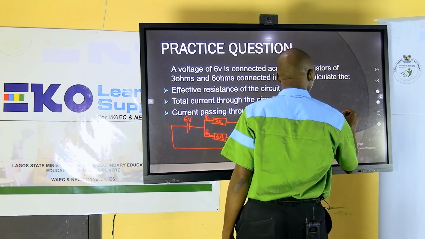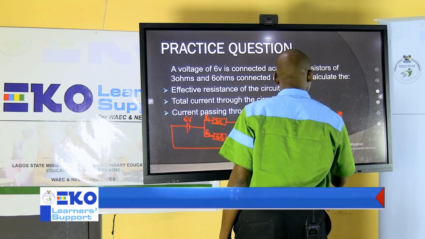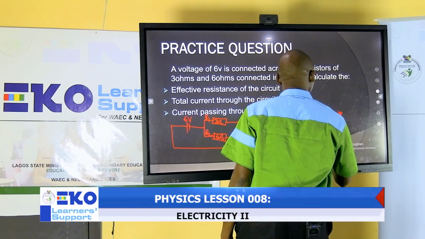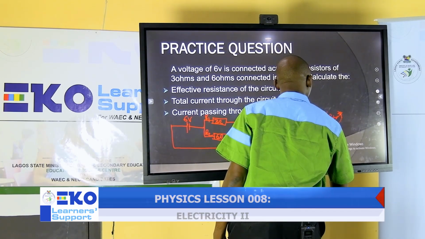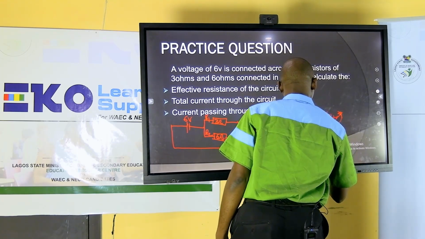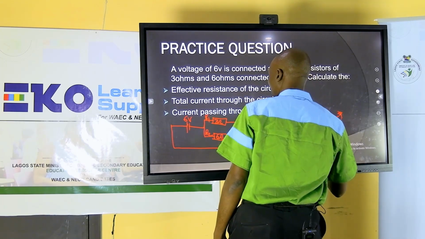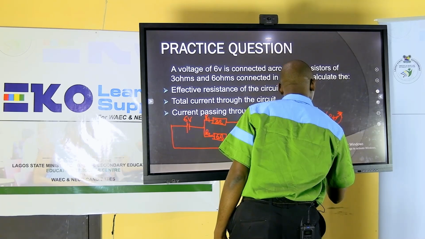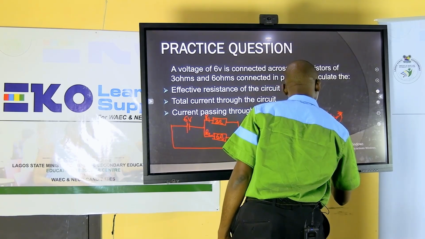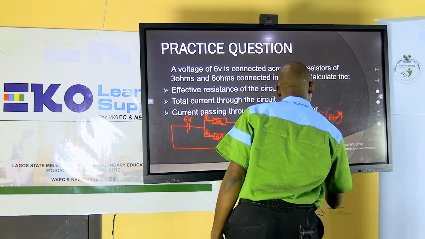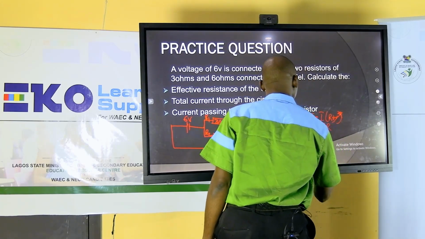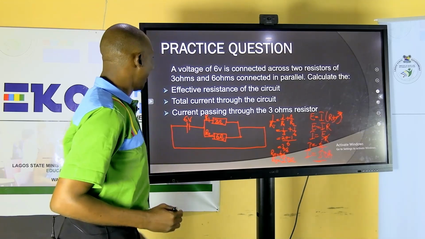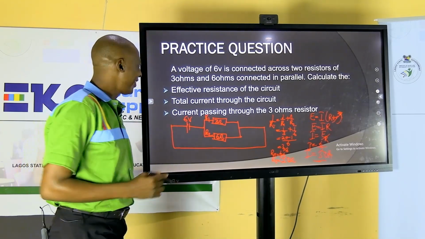And because small r is negligible, then we are left with E equals I big R. So our I, which is what we are looking for, will be E over R. And what is that? I equals our E, which is 6 volts, over our 2. So the current in the circuit is 3.0 ampere. Do you get that? Let's do the third one.